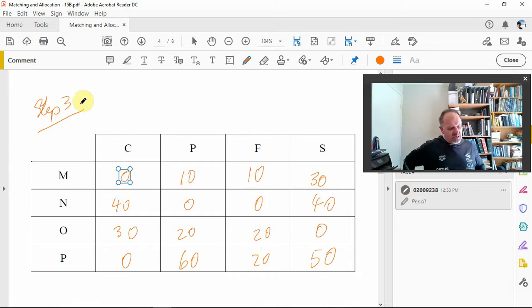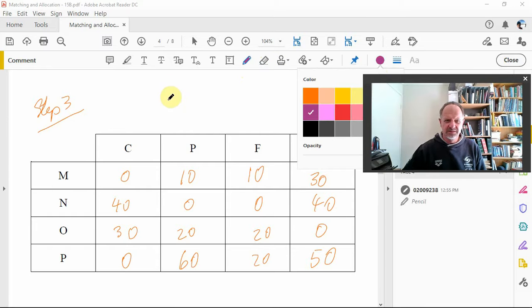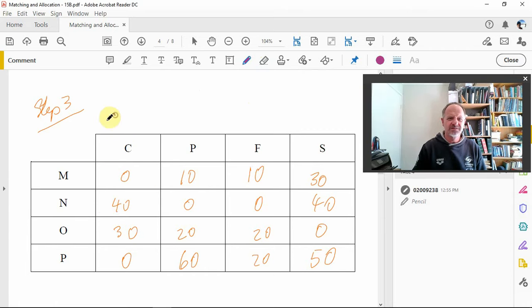And so now we want to, again, put as few lines as possible through all these zeros. So let me change my colour here to the purple. Step 4 is going to be in the purple line.